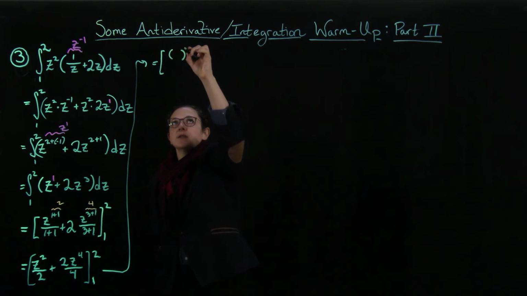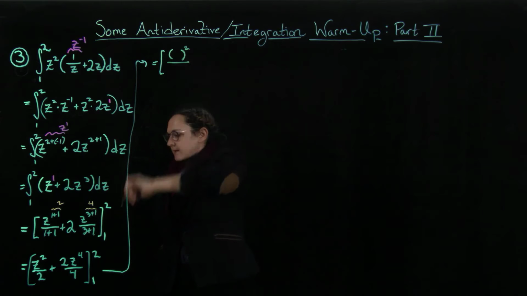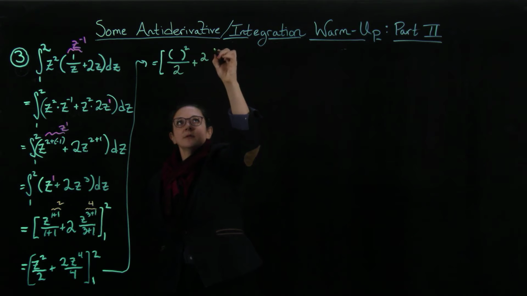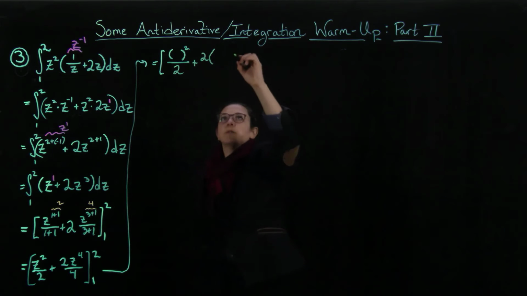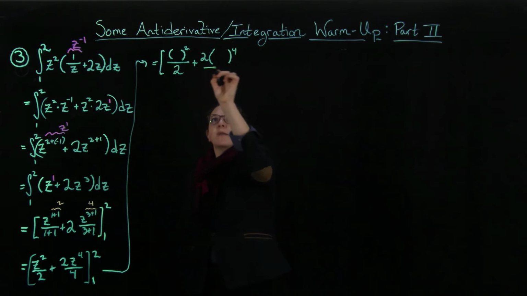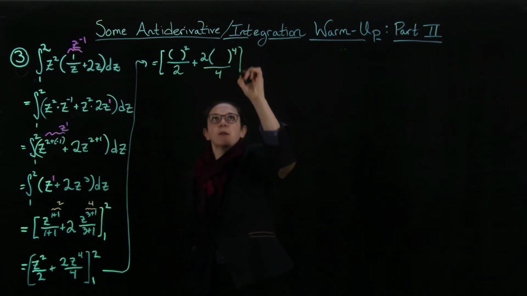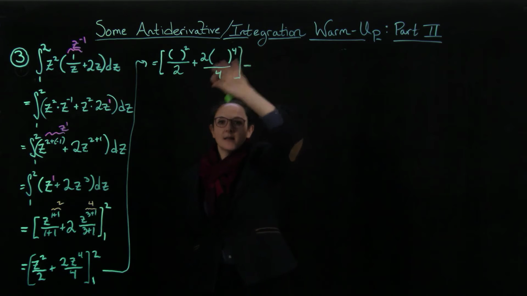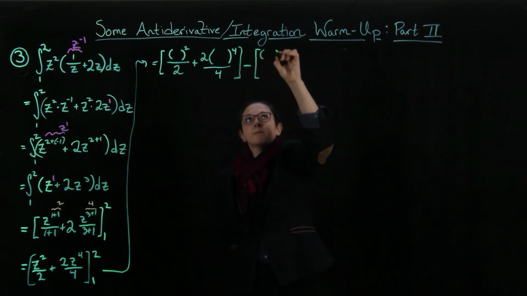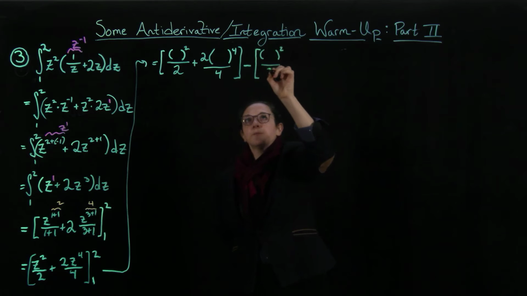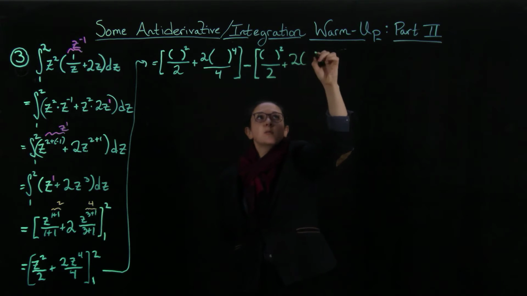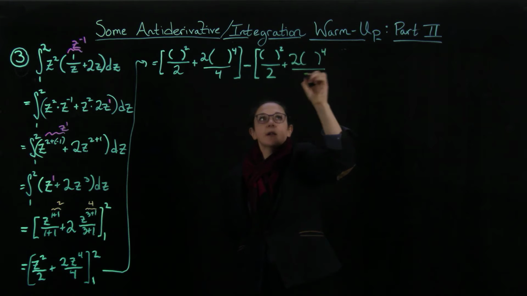So my variable is z, so I put parentheses squared, divided by 2 plus 2 times, and then I have the z to the fourth, so I want to put parentheses to the fourth, and then divide it by 4. So this is the first time I write this, and then I put a minus sign, and then I write the exact same thing again with my parentheses there. And then I put plus 2 parentheses to the fourth divided by 4.